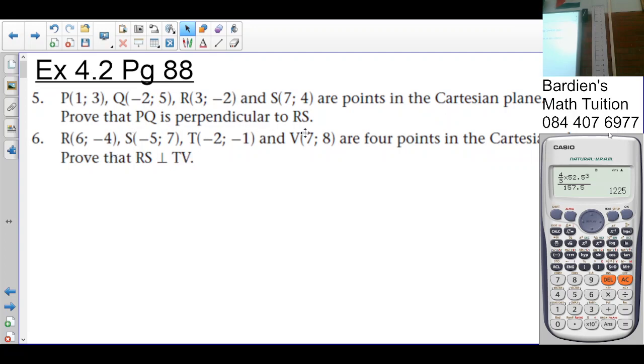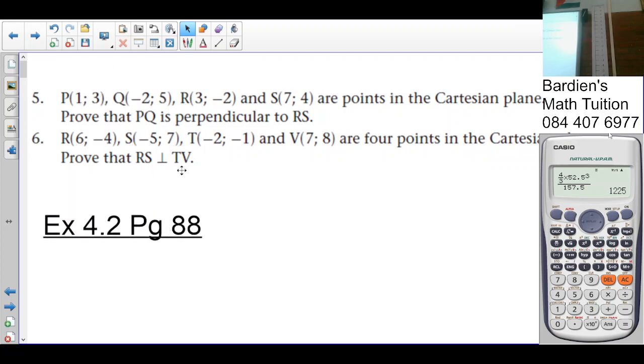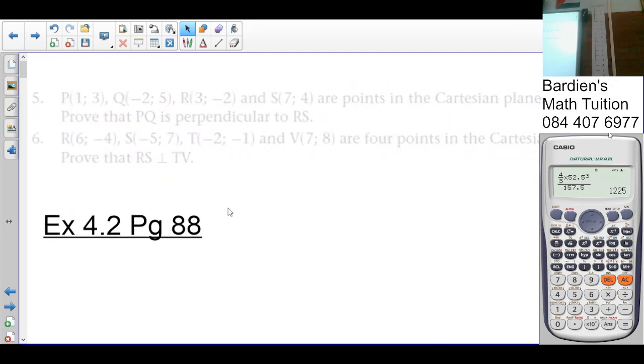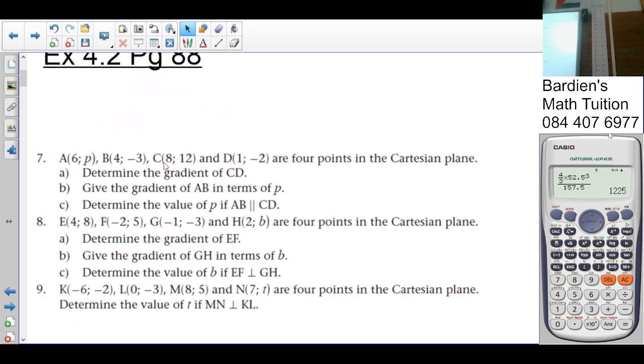The gradient of PQ. Then the gradient of RS. We multiply together, you get an answer of -1. So therefore, they are perpendicular. Number 6, same story. Okay. So with that, you should now be able to do number 7, 8 and 9. Okay.